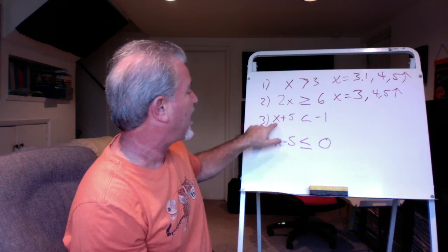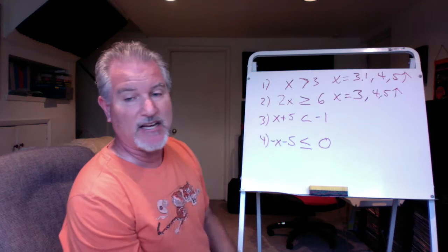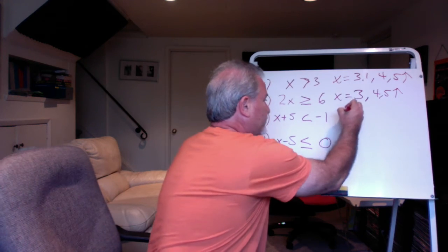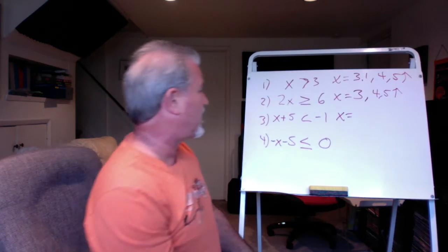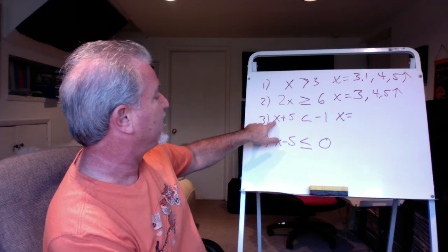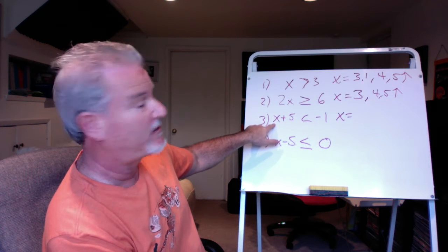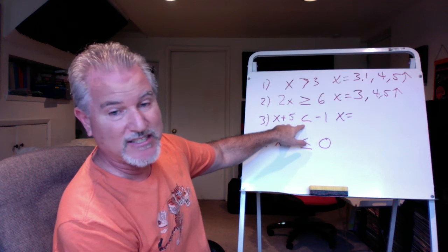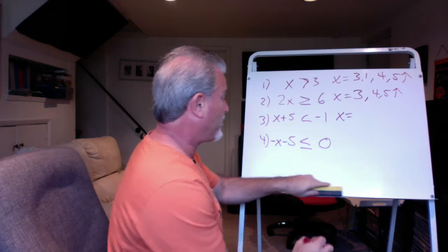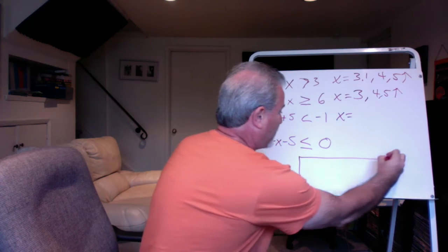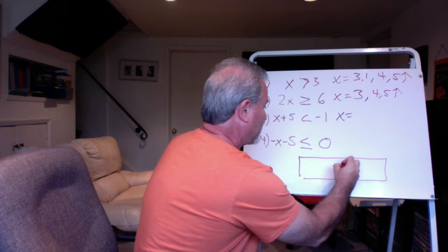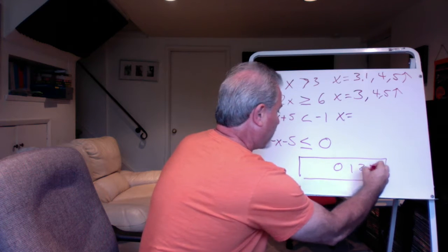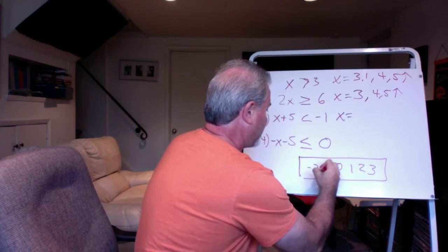Problem 3, x plus 5 is less than -1. So an example of numbers that would work. So if I said 0 plus 5, that is not less than -1. If you remember correctly, on a number line, right, we got 0, 1, 2, 3, -1, -2.